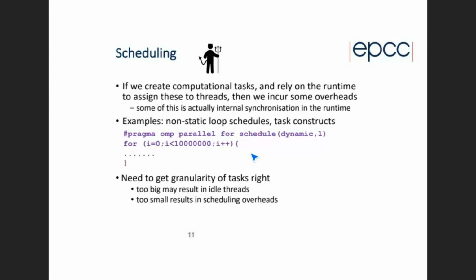That means that every iteration is being individually scheduled to the threads. Then that probably isn't going to end well. It can easily end up with the overheads of the loop scheduling completely dominating the cost of the computation here.